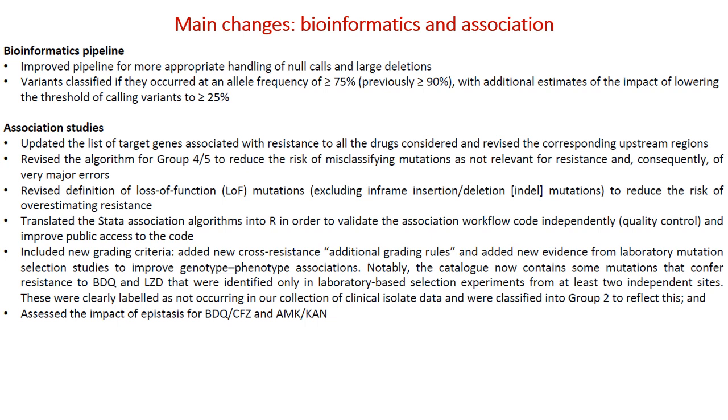There was also an update in the list of target genes that were considered as candidates to be associated with phenotypic resistance to given drugs, and a revised definition of loss of function mutations. In this case, the in-frame indel mutations were excluded to reduce the risk of overestimating resistance.